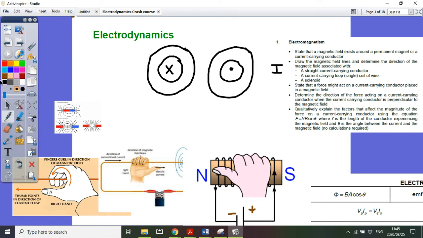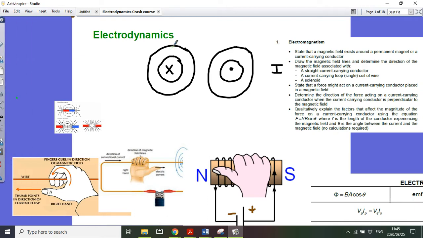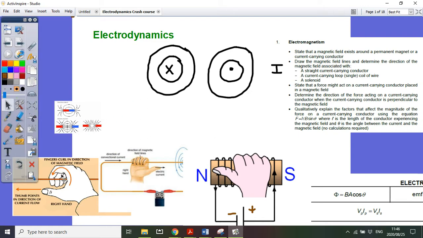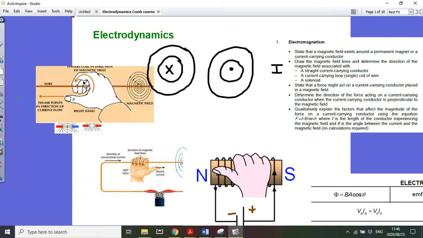The direction of the magnetic field can then be predicted using the right-hand rule. You can obviously do it with compasses every time, but you can use your first right-hand rule to predict this. The way we do it is as shown here.